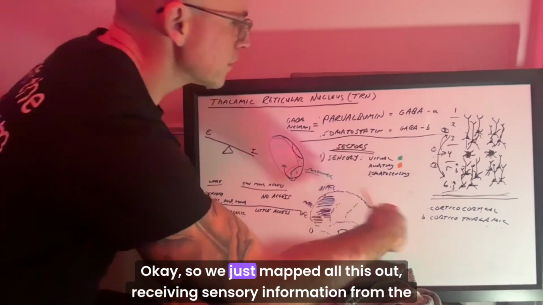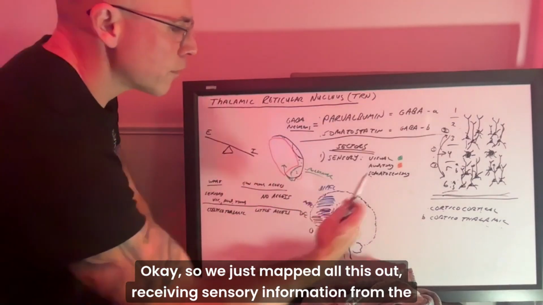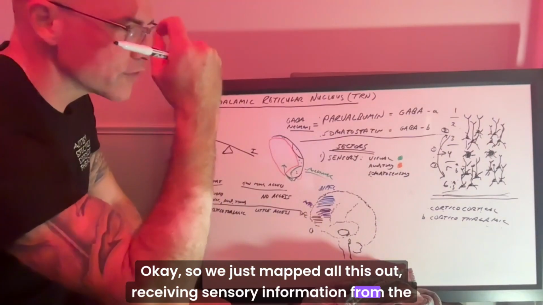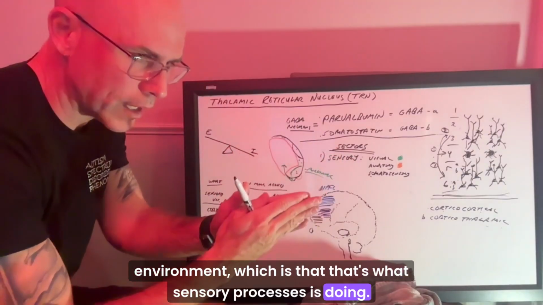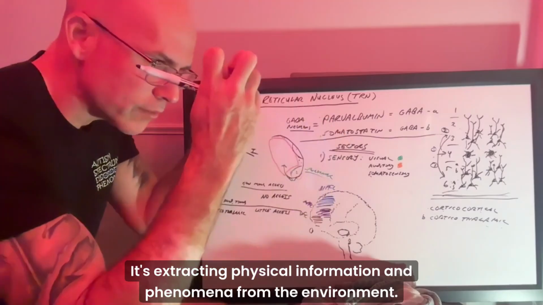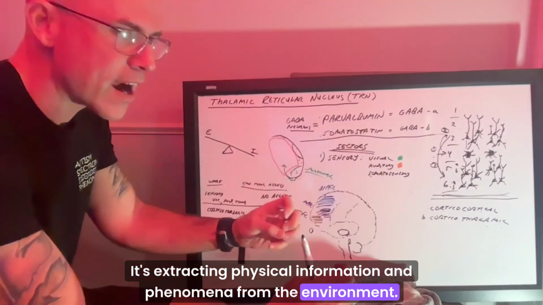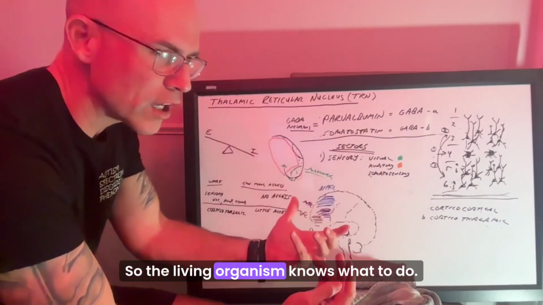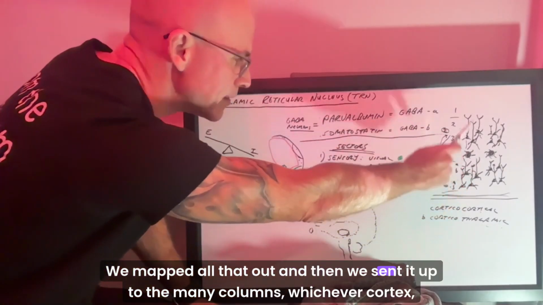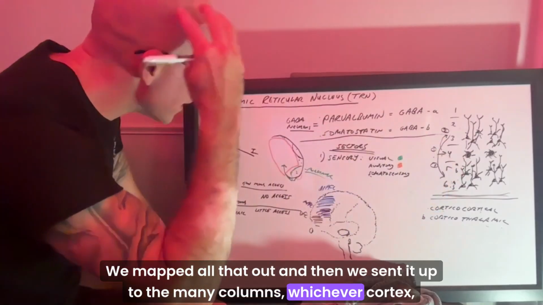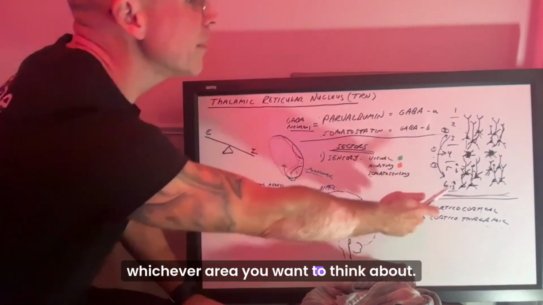Okay, so we just mapped all this out, receiving sensory information from the environment, which is what sensory processing is doing. It's extracting physical information and phenomena from the environment, so the living organism knows what to do. We mapped all that out, and then we sent it up to the mini columns, whichever cortex or whichever area you want to think about.